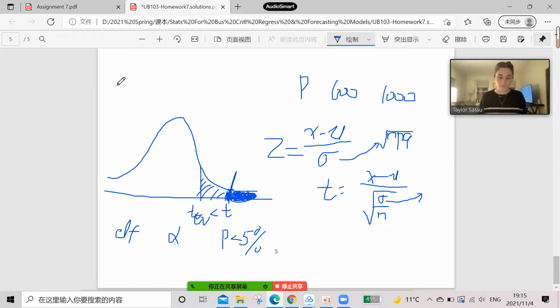That is actually a binomial, right? Because there are two outcomes, increase or not increase, and the probability, I guess, is 0.6 or something that you want to test. That is a binomial model, so you will use the Z-score test.